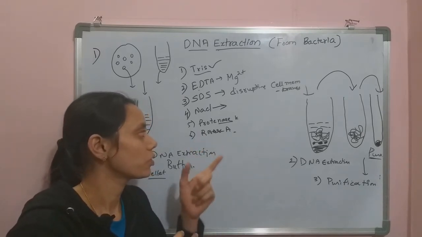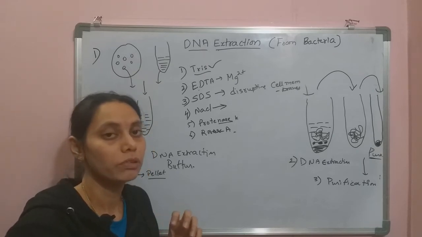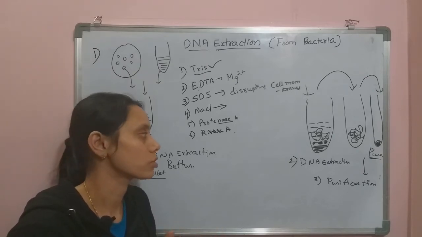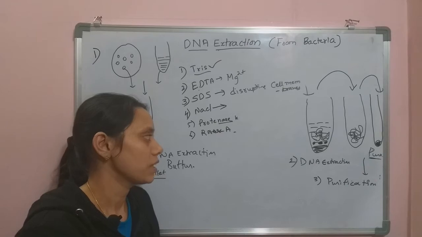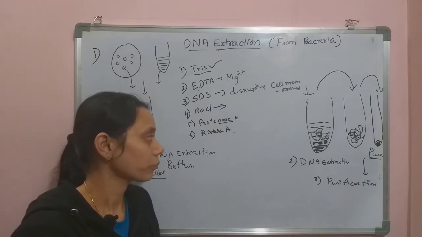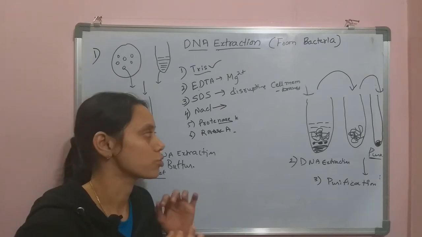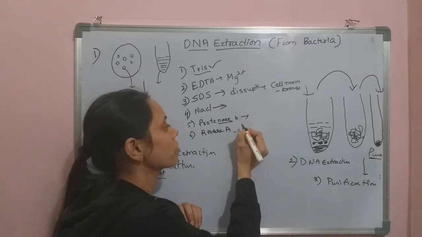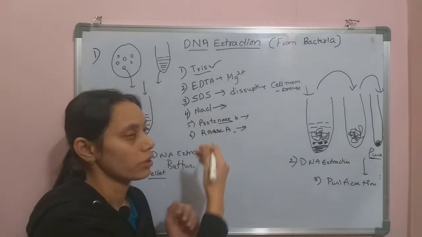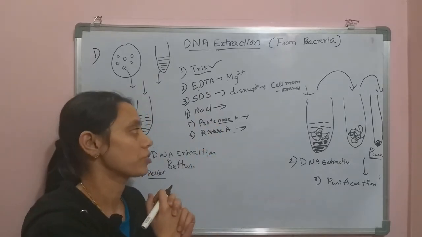So here proteinase K is used to degrade the proteins present in the solution. Coming to RNase A, it degrades the RNA present in the solution. So these are the functions of the different chemicals used in the DNA extraction buffer.